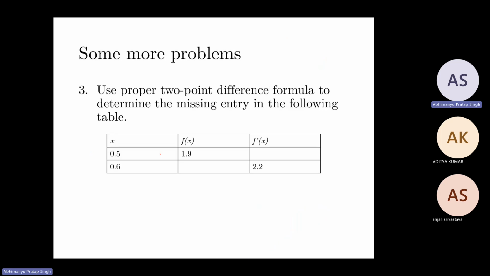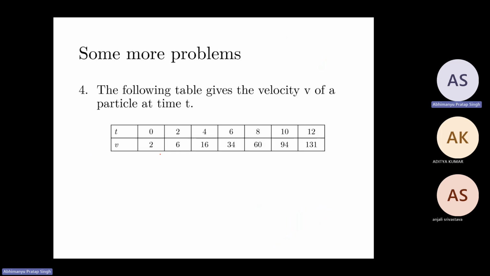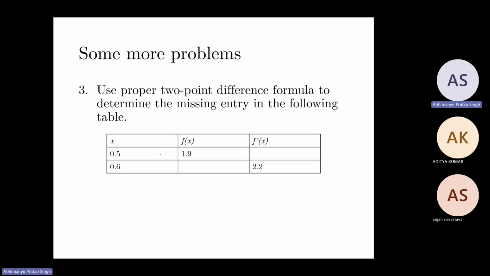Fine. So I think I have two more, and these are simpler. You just need to calculate the values of these missing entries. For the first one, since we need to get the value of f(x), but we know the value of f prime of x at 0.6, we can use the backward difference formula to get the value of f at 0.6.